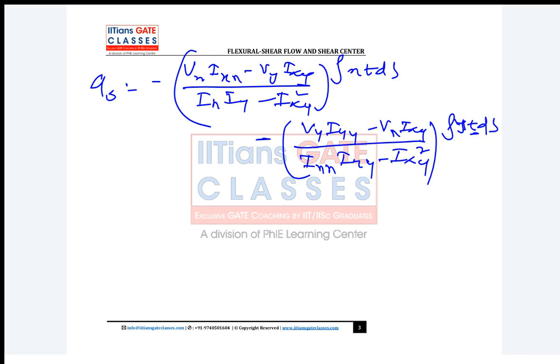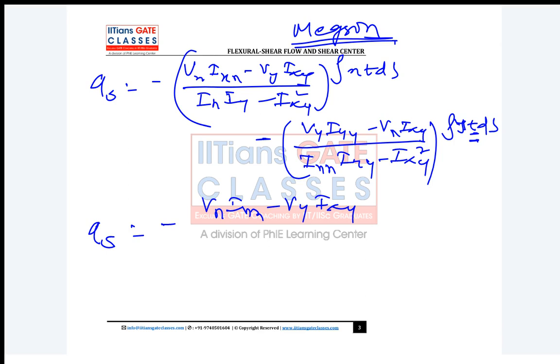If you take the Megson book, there are several questions on flexural shear flow. In some questions, your thickness is also varying. So this is the formula for thin wall. Now suppose you have lumped area. In that case, what will the equation become? It will be minus Vx Ixx minus Vy Ixy upon Ixx Iyy minus Ixy square.